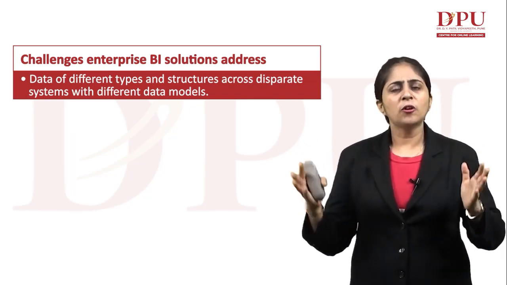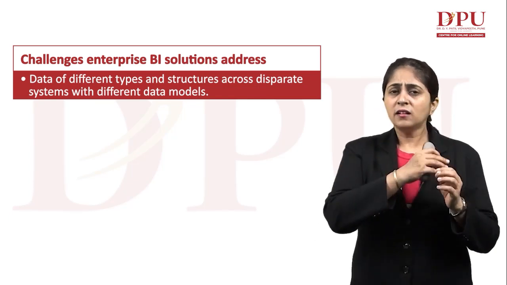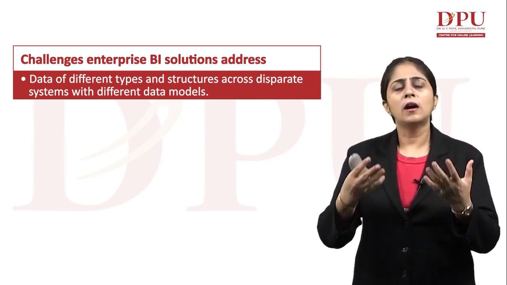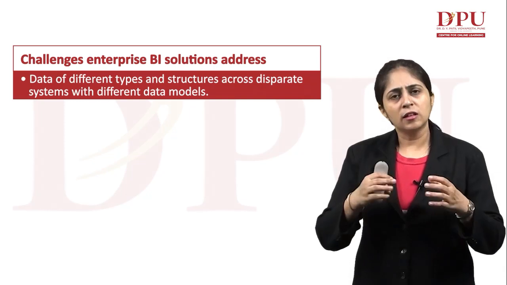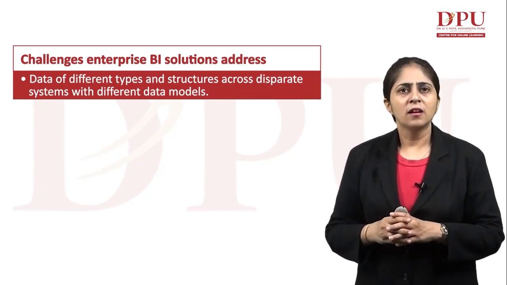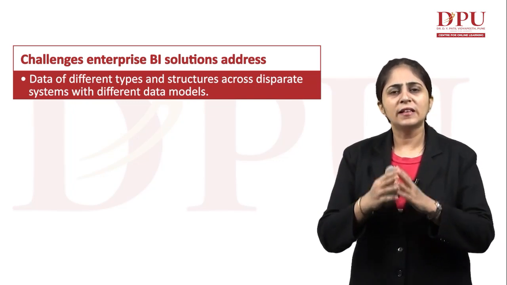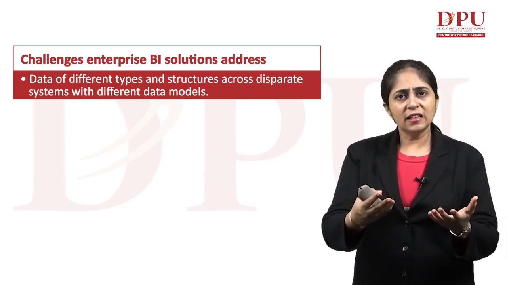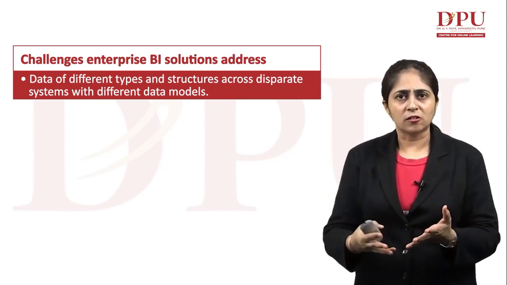If you are talking about a large complex organization, there are a number of departments and a number of users who are using the data, and whenever they gather some data, they store it in some format. It is not always possible for all the people to store all the data in one assigned format. They all take the data and store it in different types and different structures.